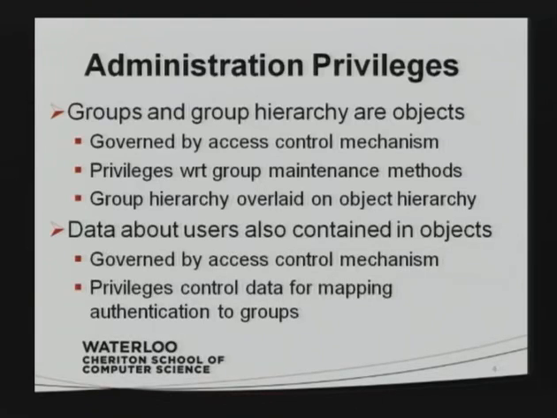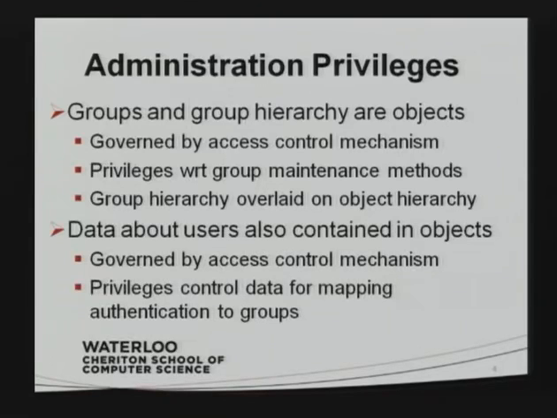Similarly, the data about the users themselves, including the users and the user group hierarchy formation, is also governed by the same access control system. So everything is controlled by the same access control mechanism.